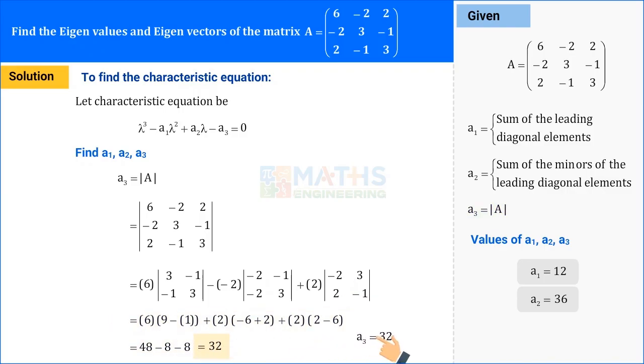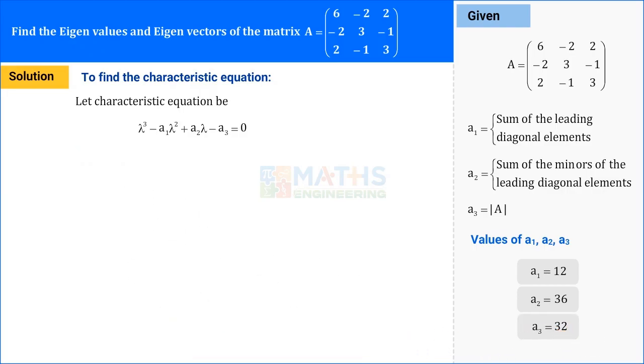A3 value is equal to 32. Now we get the values of A1 is equal to 12, A2 is equal to 36, A3 is equal to 32.